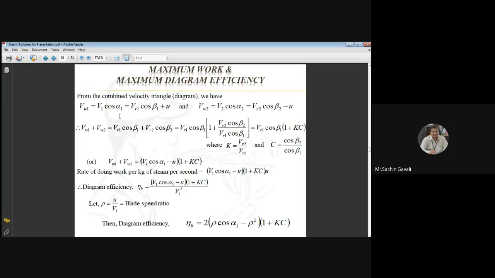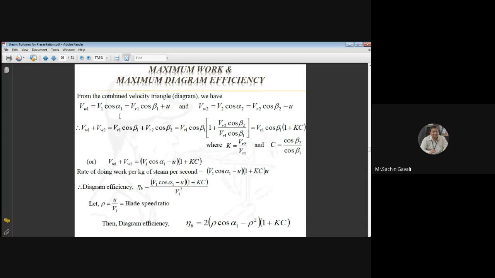If you construct the triangle on the left hand side, then in triangle BCE, cos beta 1 is equal to CB divided by VR1. So V1 cos alpha 1 will become VR1 cos beta 1 plus U, and similarly VW2 will become V2 cos alpha 2, which is equal to VR2 cos beta 2 minus U.